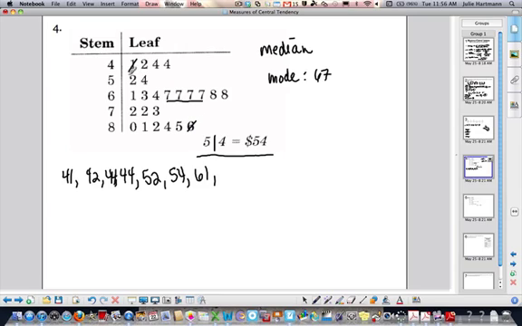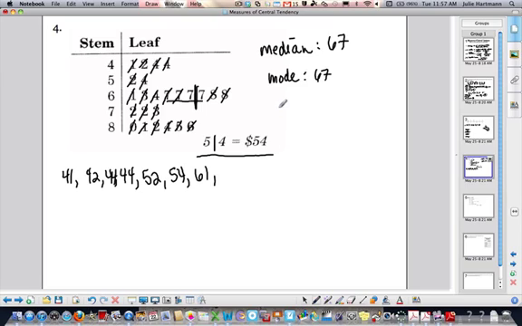So cross off one from the top and the bottom, and then 52, 81, 54, 80, and 61, 73, 63, 72, 64, 72, and 78 and 77, 78 and 77. Median would be right there. So 67 is also your median.